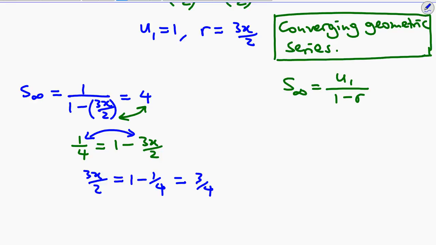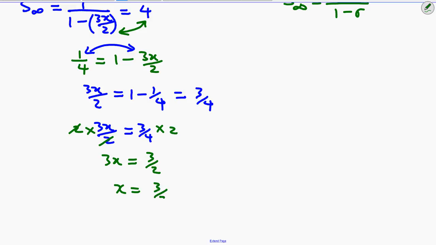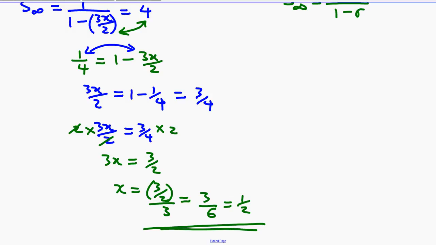So what we'll end up with here is 3x over 2 is equals to 3/4. If we multiply both sides by 2, we'll have 3x is equals to 3 over 2. And therefore x will be 3 over 2 divided by 3, which will be 3 over 6, which is a half. Therefore x is equals to a half.